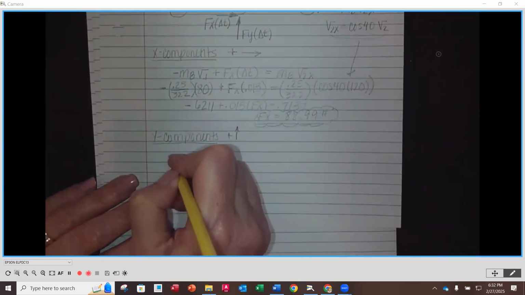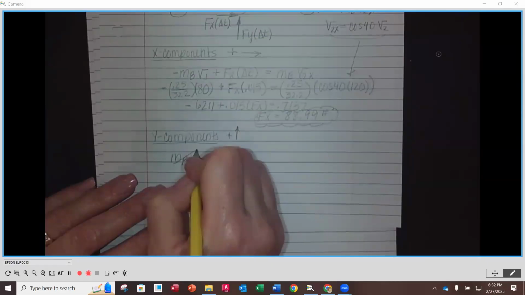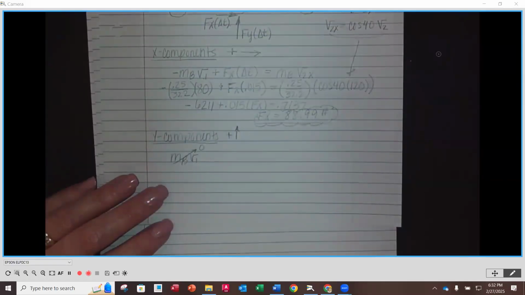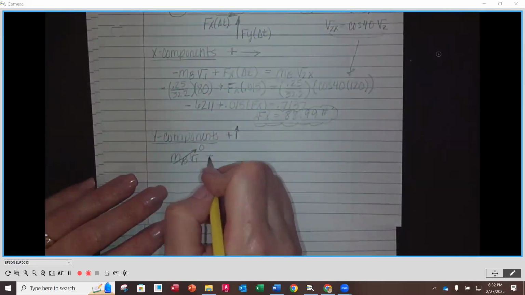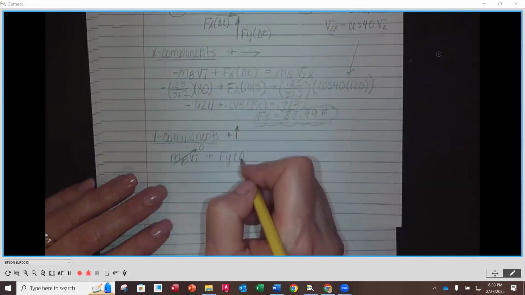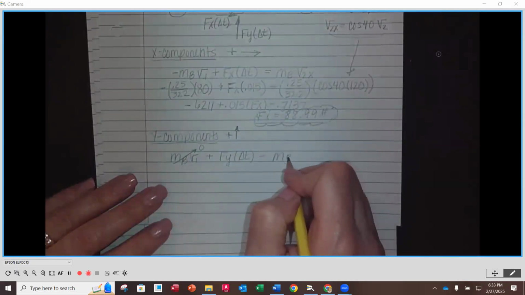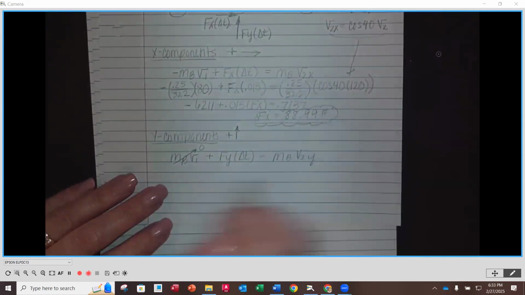So I am going to include the mass B, velocity 1. There's nothing in the Y direction here. This would be 0, plus Fy times our change in time. It's going to be equal to mass of the ball times velocity 2y.